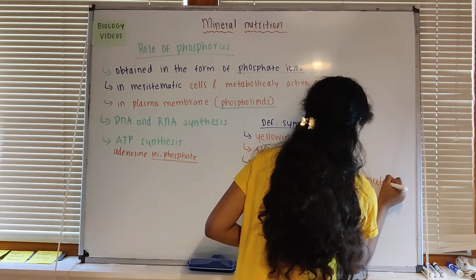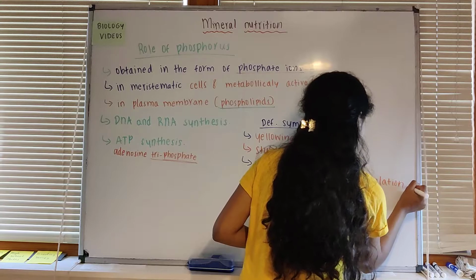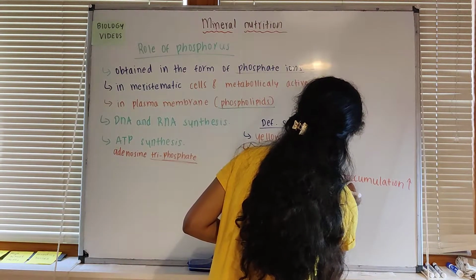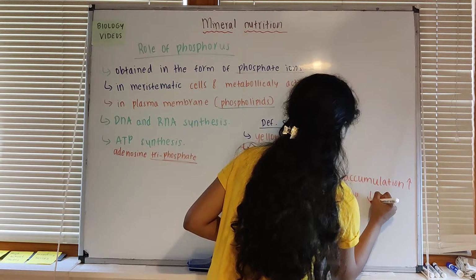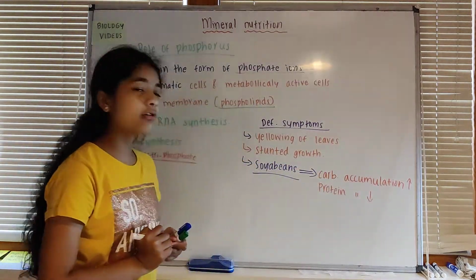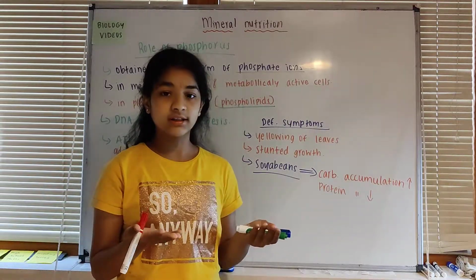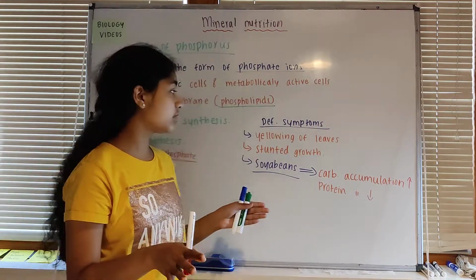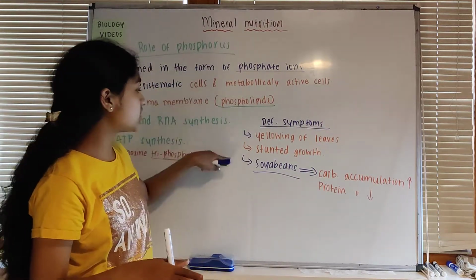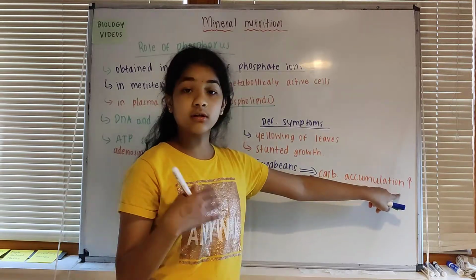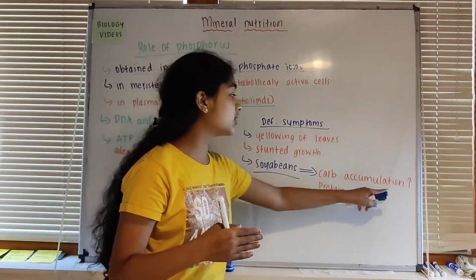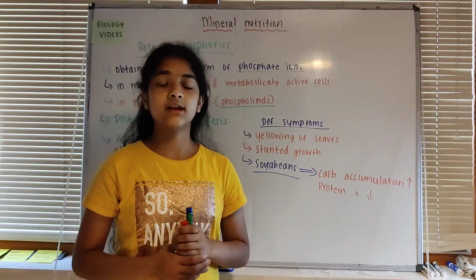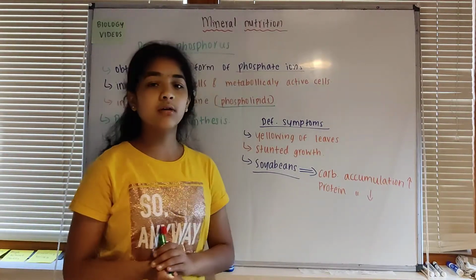In normal conditions, we know that soybeans are very rich in proteins, so there should be a lot of protein when there is no phosphorus deficiency. But when phosphorus deficiency is there, carbohydrate accumulation is more and protein accumulation is very little.